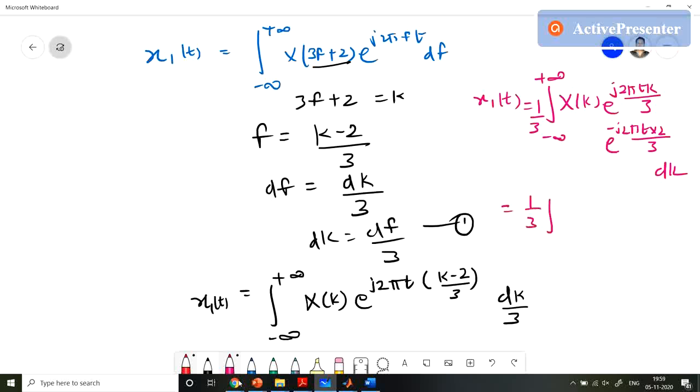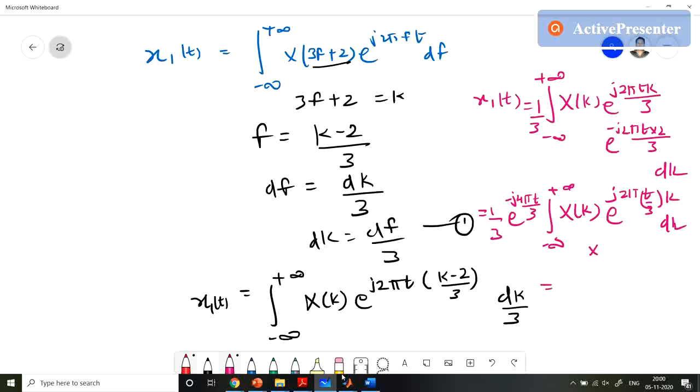So it is 1/3 times the integral from minus infinity to plus infinity of X(k) e^(j2π(t/3)k) dk, and this e^(-j4πt/3) we can put outside.